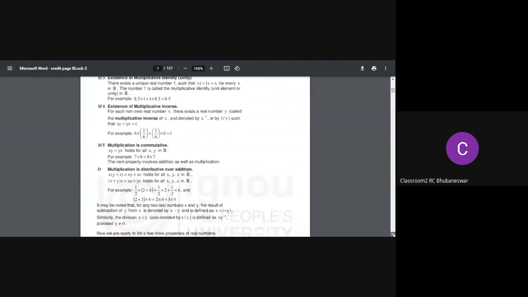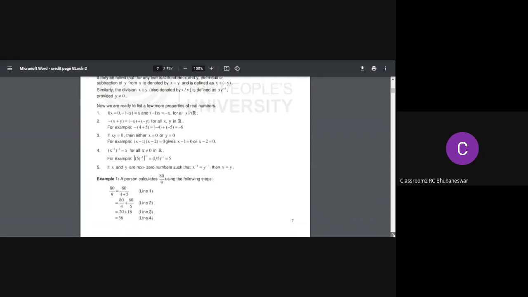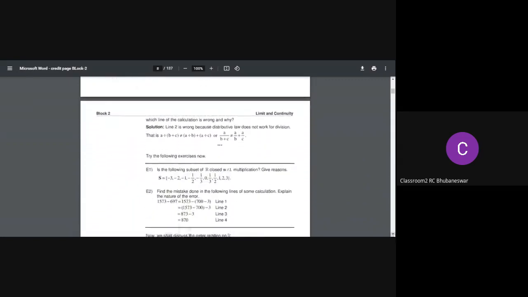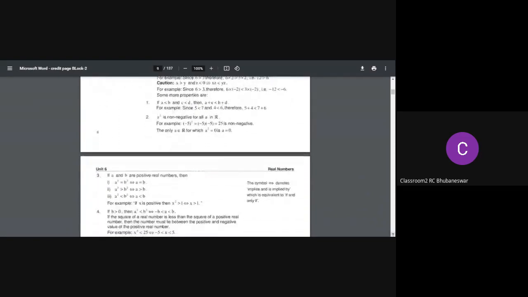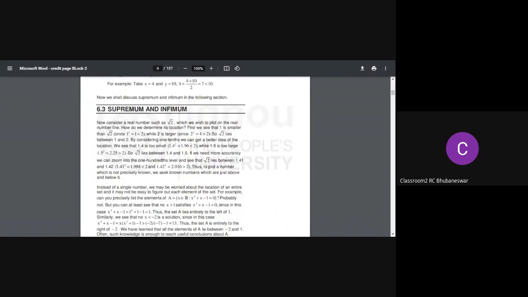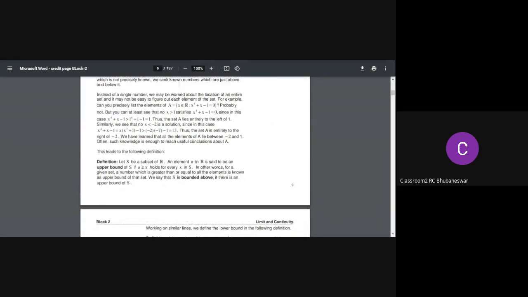So we are not going to elaborate on all these operations once again, but we are going to focus on some new information about the set of real numbers, which is all about the supremum and infimum. Before we discuss the supremum and infimum of a subset of the real number set R, we have to know about the upper bound and lower bound of a set. So let us begin with the upper bound and lower bound of a set.